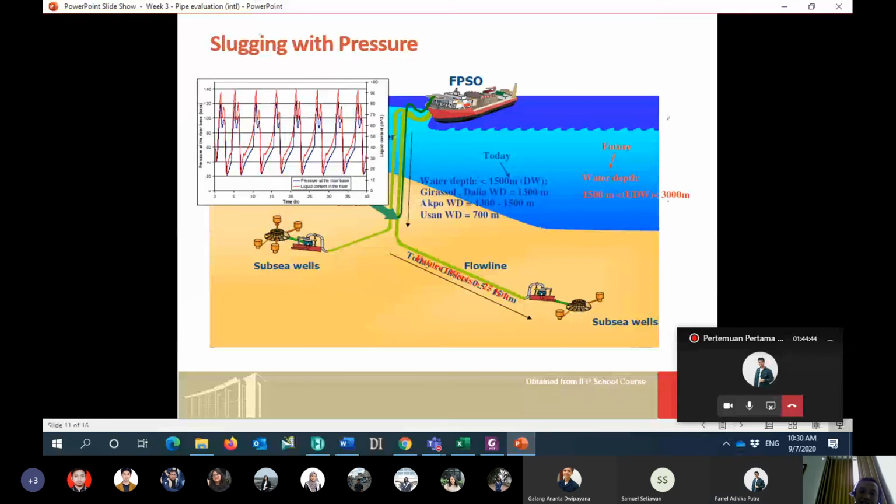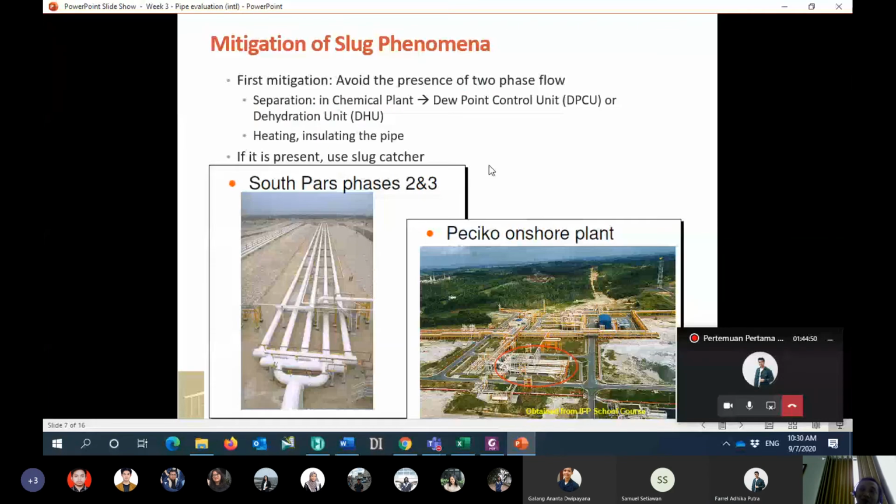The first mitigation to avoid slugging is the separation between gas and liquid, to make it single phase gas or single phase liquid. The common methods to do that are, for example, dew point control, dehydration, or heating.